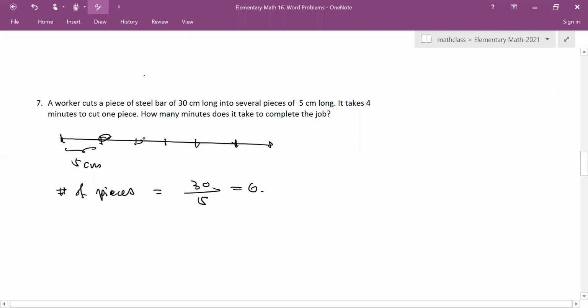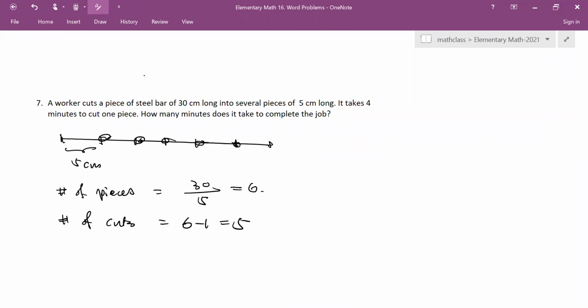How many cuts are you going to do? 5. So the number of cuts is going to be 6 minus 1, which is 5. So each cut takes 4 minutes. So the number of minutes you're going to spend is the total time.